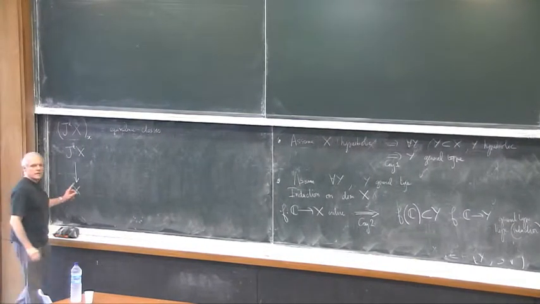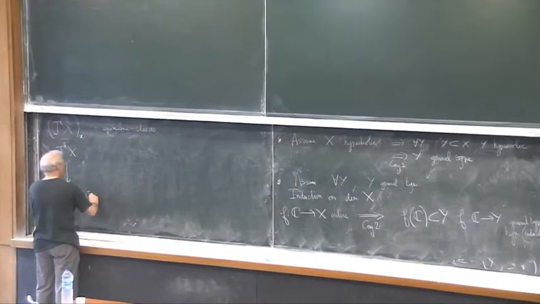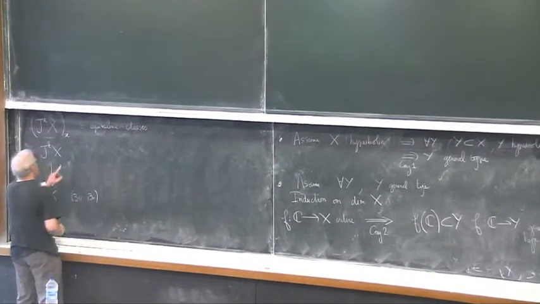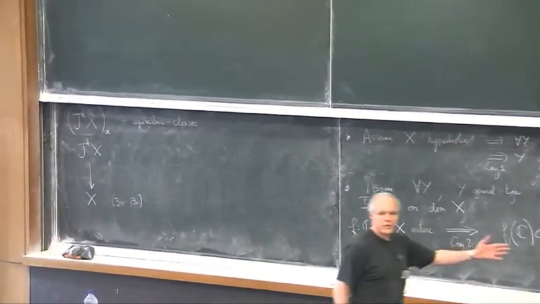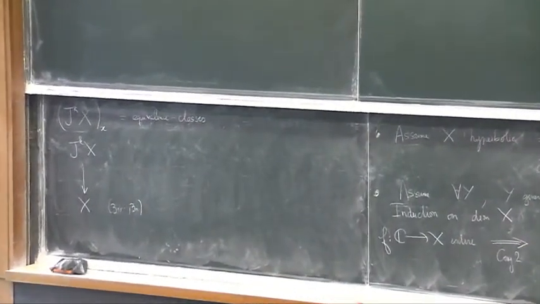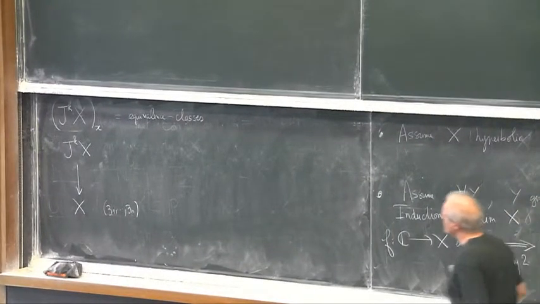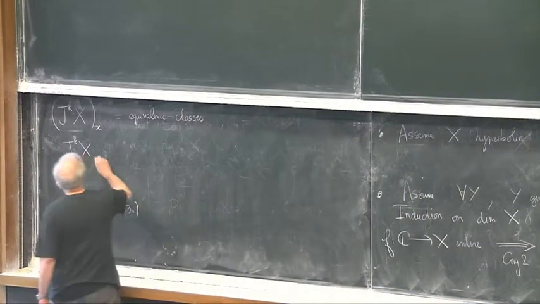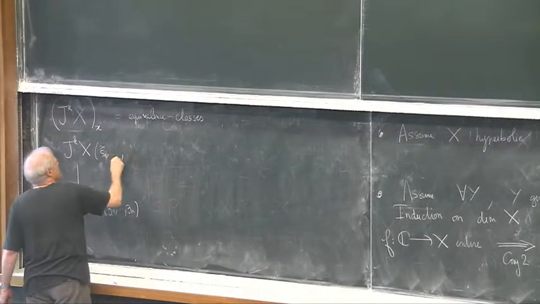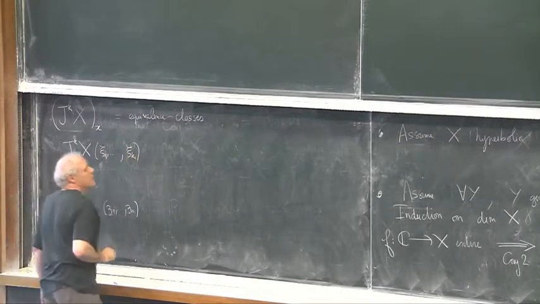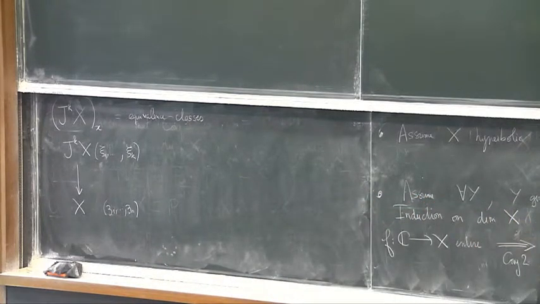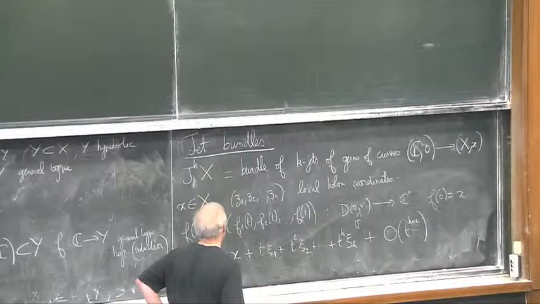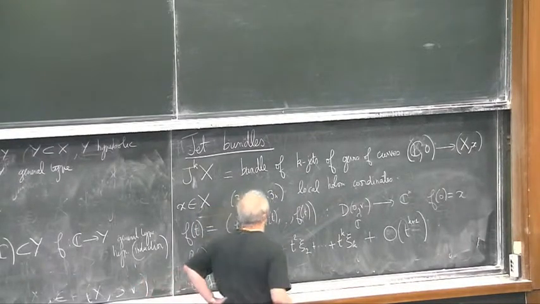And then, of course, here you have the coordinates z_1, ..., z_n, and the fiber is parametrized by the derivatives x_1, x_2, ..., x_k. Maybe I should divide by k factorial. Yes, I would.